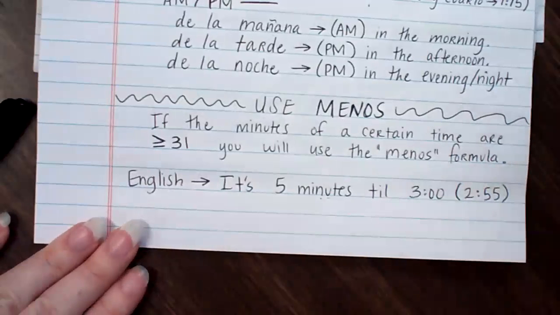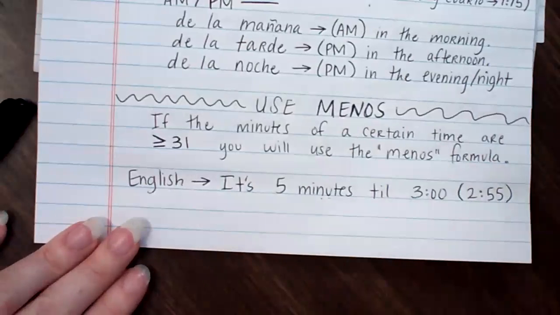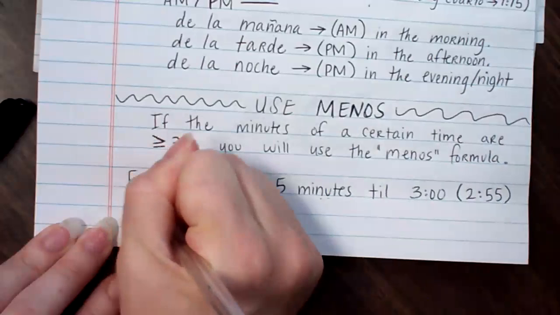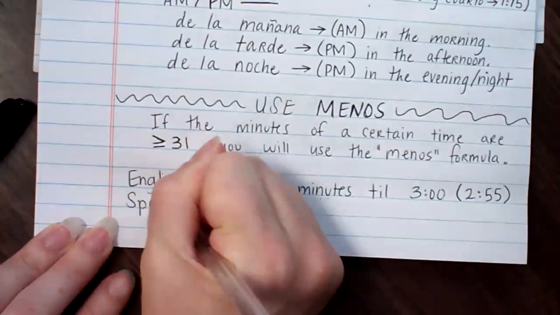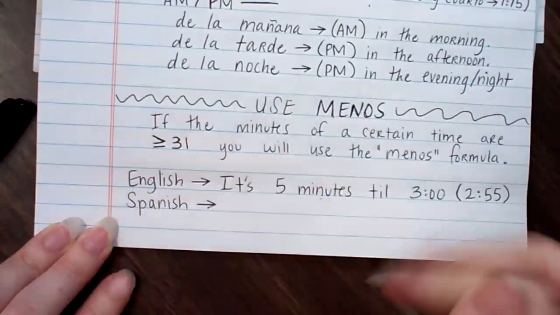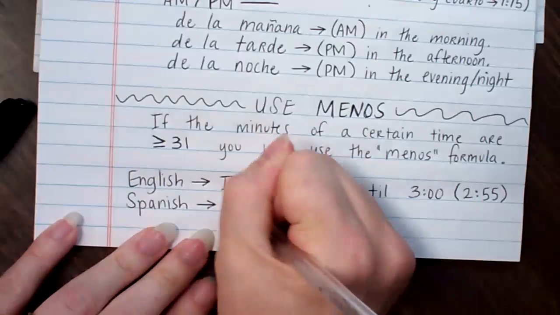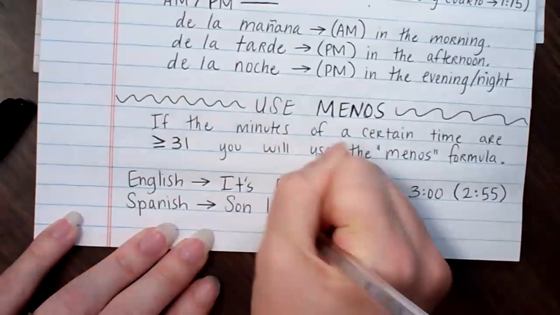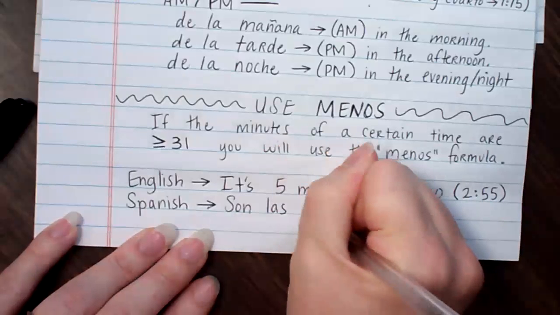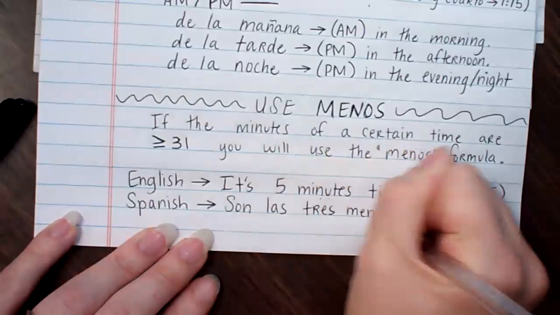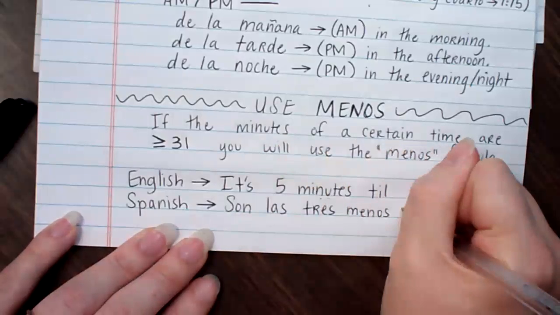So in Spanish, they are going to phrase this a bit more straightforward. So the same time, 2:55, what we are going to do, we're going to say it's 3 o'clock, and then we're just going to say minus 5 minutes.